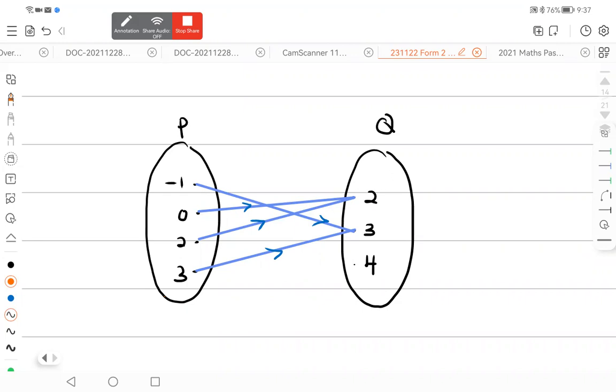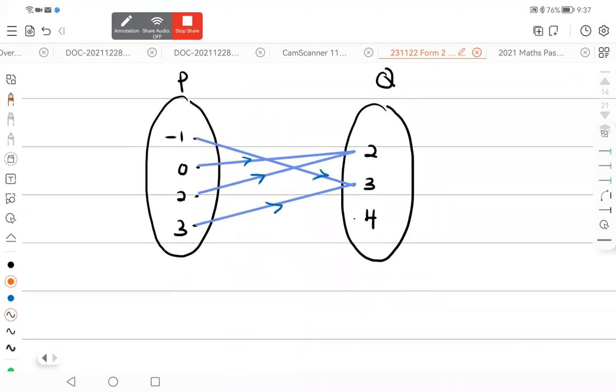Okay, can you list down the domain for me or not? What are the domains over here? If you just answer like that, correct, but it must be with the bracket, with the set notation.